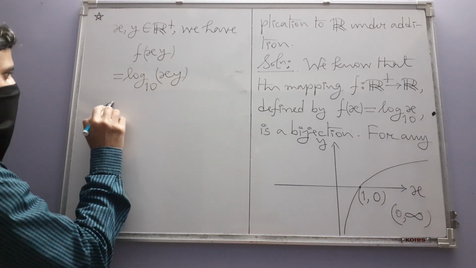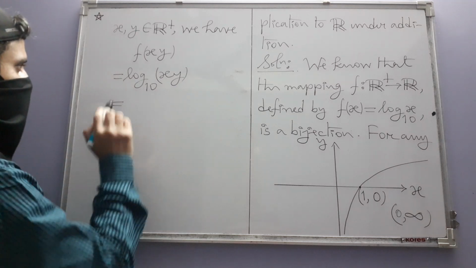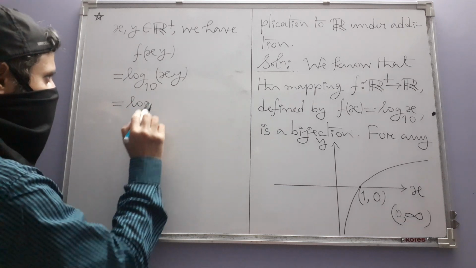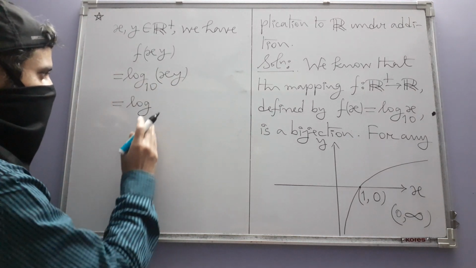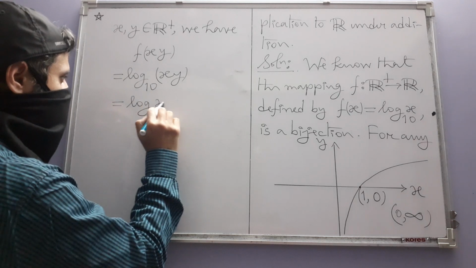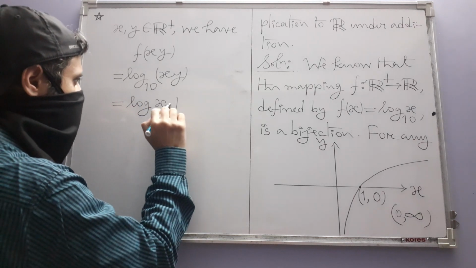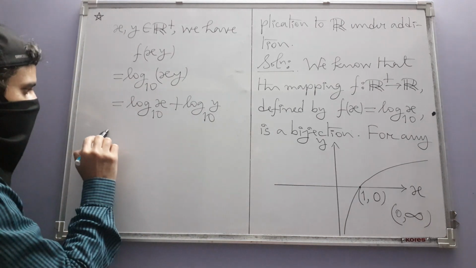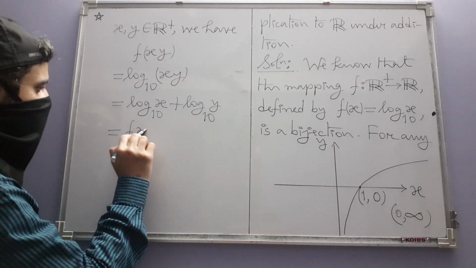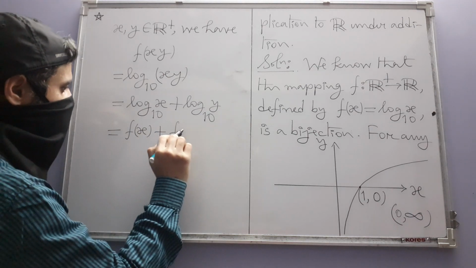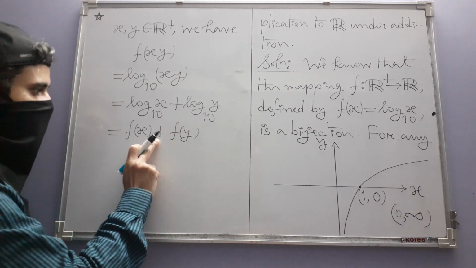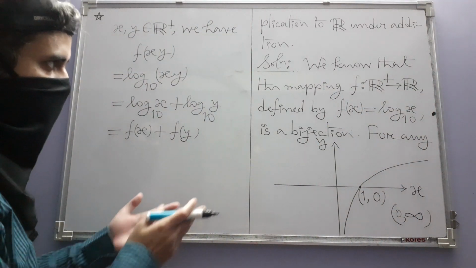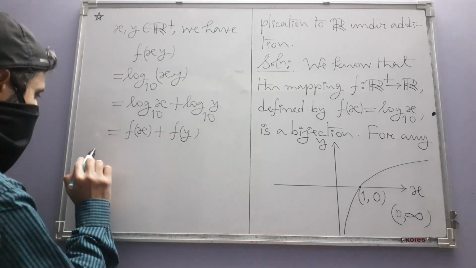But then you recall one of the very important properties of the logarithmic function, regardless of the base, that when you take the logarithm of a product, it becomes the sum of the logarithms. Which is f of x plus f of y. Now since this plus is the binary operation of this second group, that's why this f becomes an isomorphism.